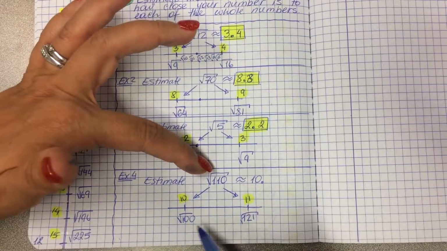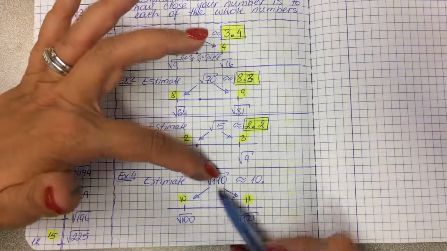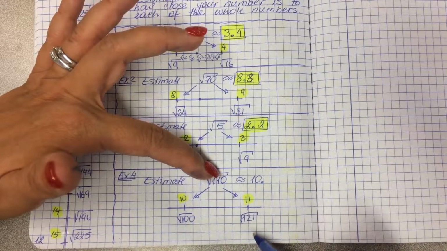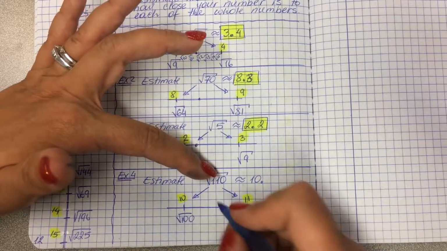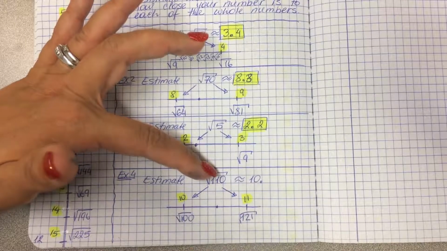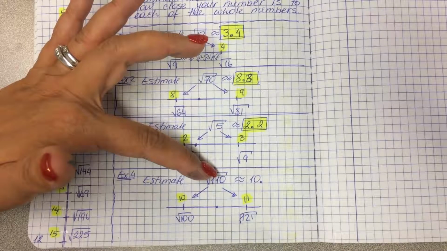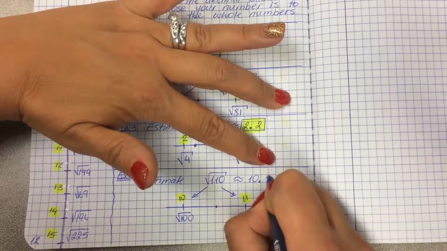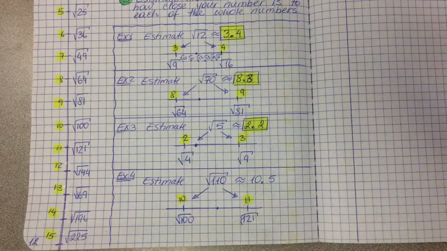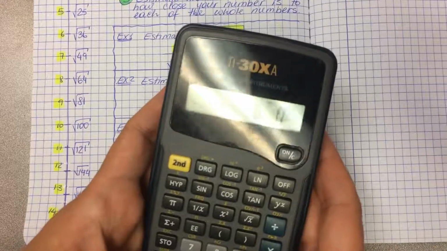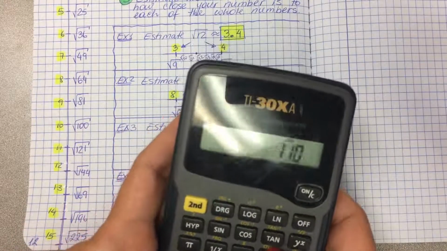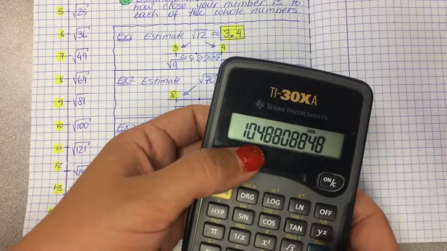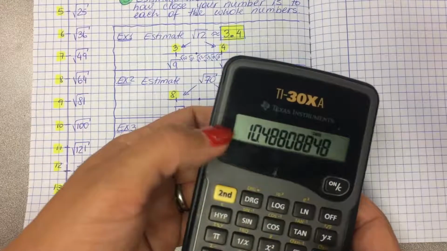So 110 is 10 units away from 100 and 11 units away from 121. So it should be a little bit past that middle. So I would say 10.5 could be a good estimate. Let's see. Square root of 110 is approximately 10.5 to round it up. That's a good estimate.